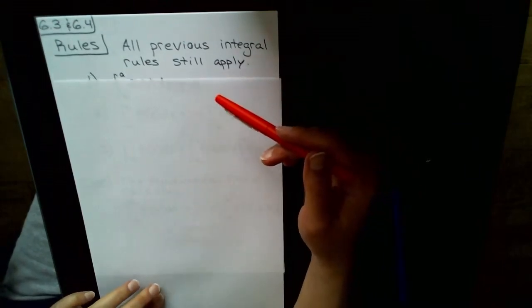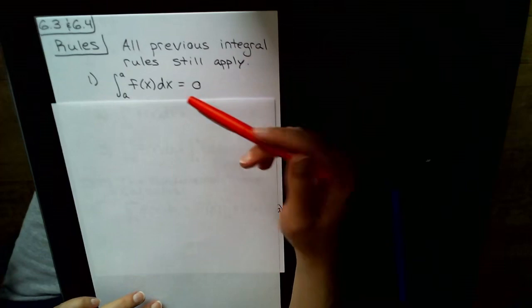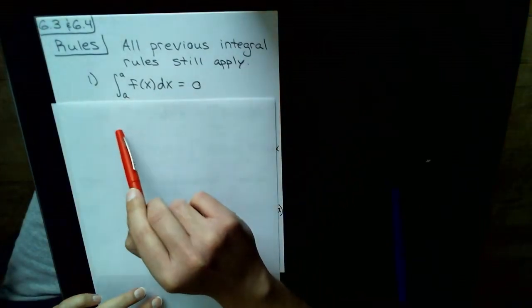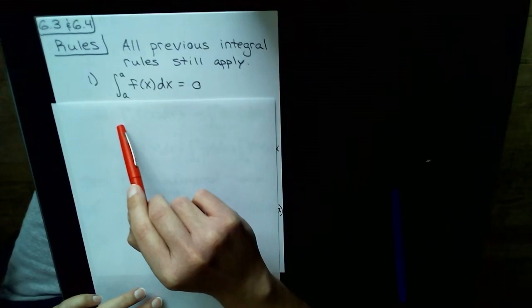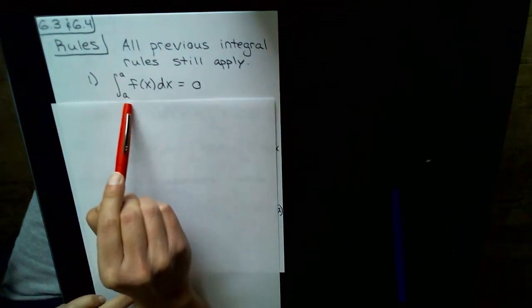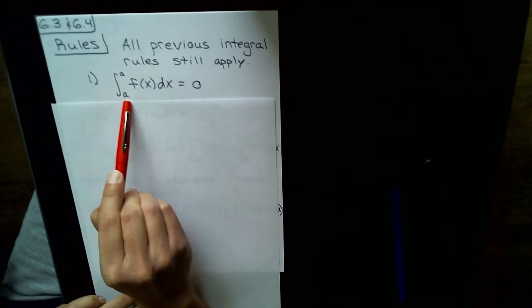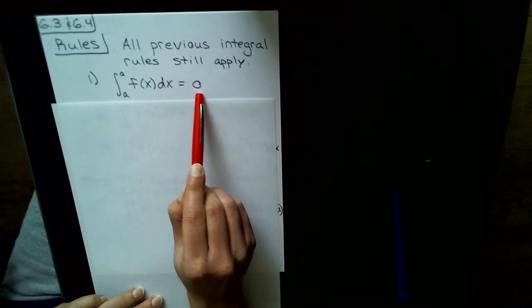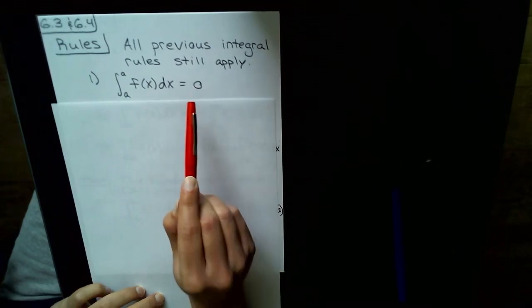It all works. From here, the first new rule is that the integral from a to a of f of x dx, meaning if your limits of integration, as we call them, are the same, then the integral is automatically equal to 0. Think about why that is.